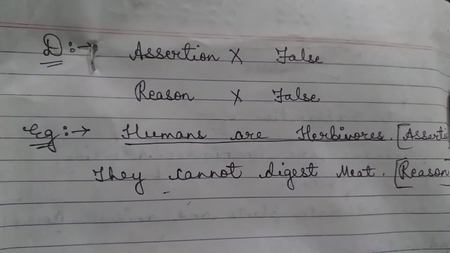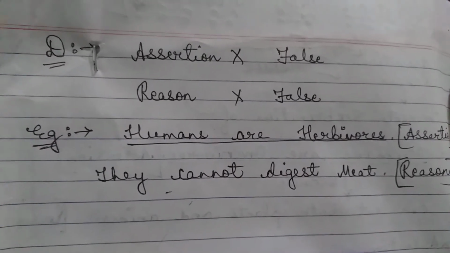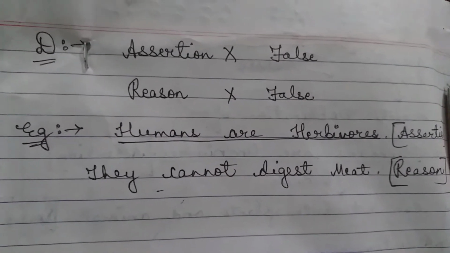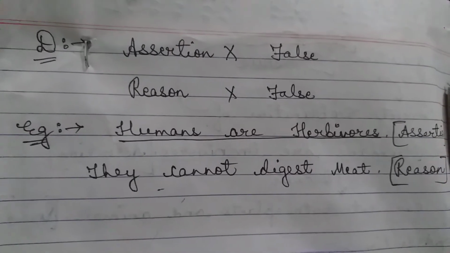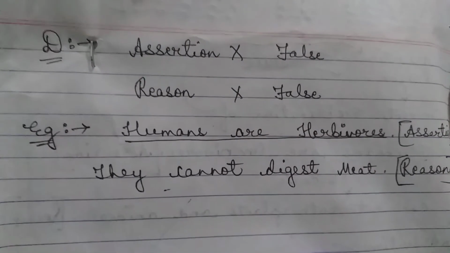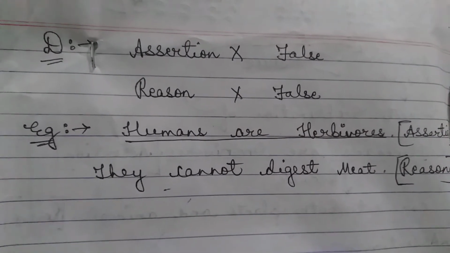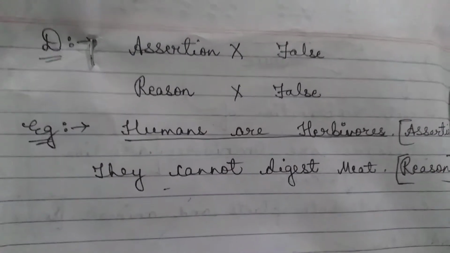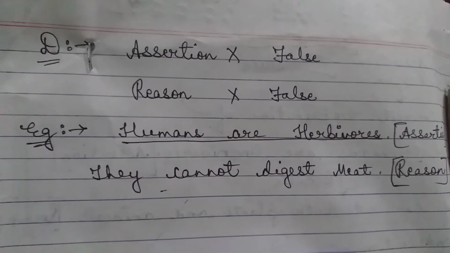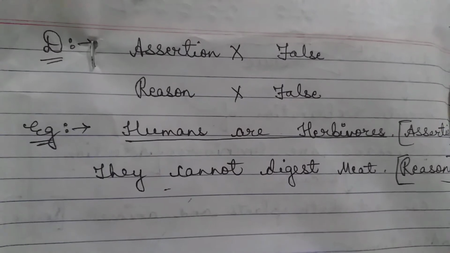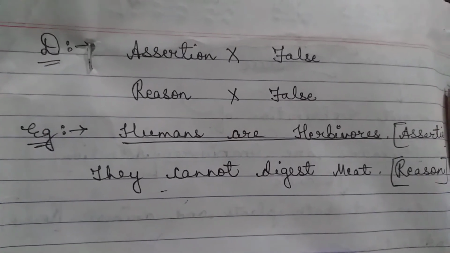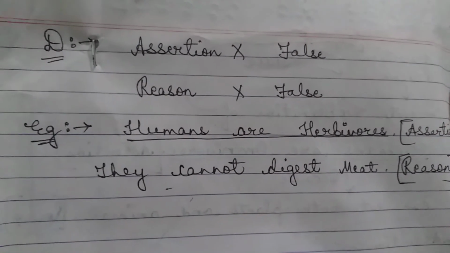Okay students, so coming back to our last option D. When are you supposed to mark D in the assertion reasoning questions? If both the assertion and the reason are false. See, the assertion given here is humans are herbivores. No, it's not true. Humans are not herbivores but they are omnivores.